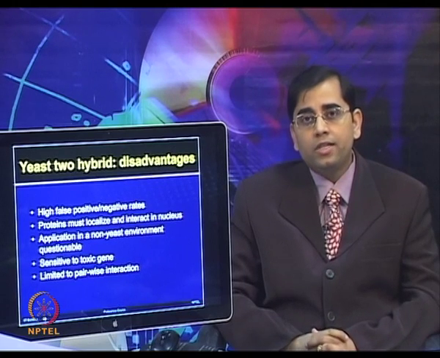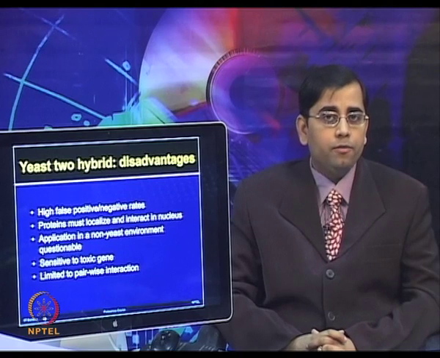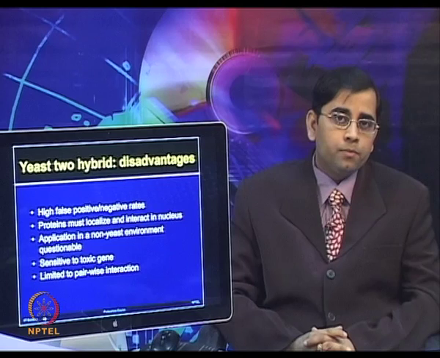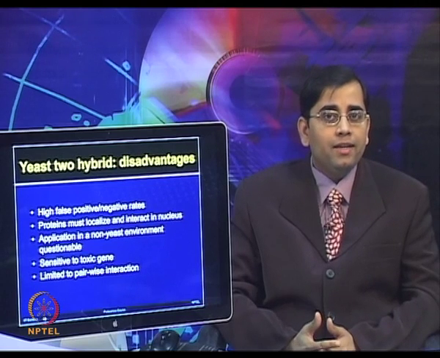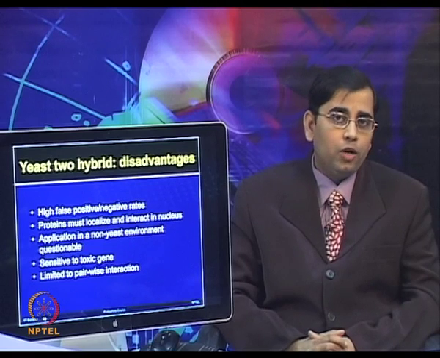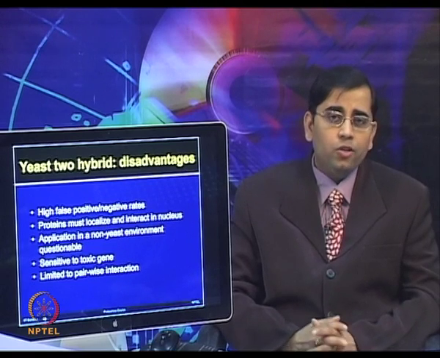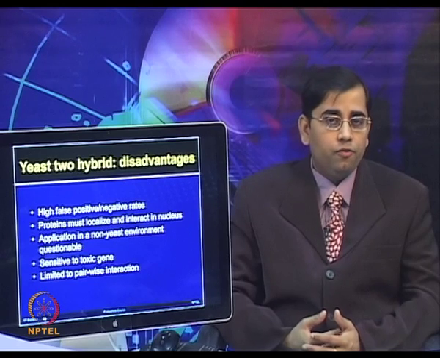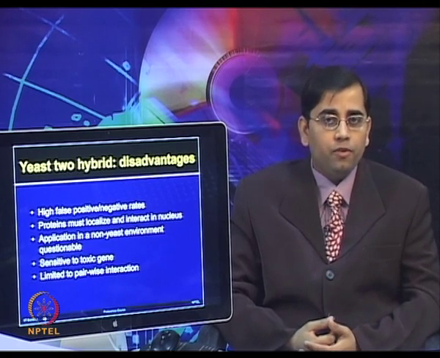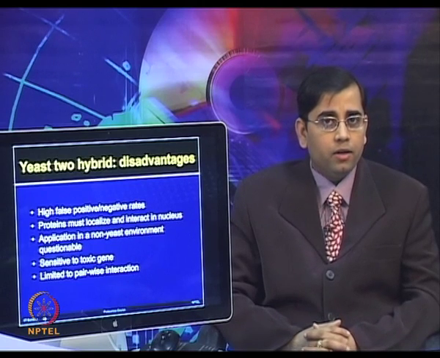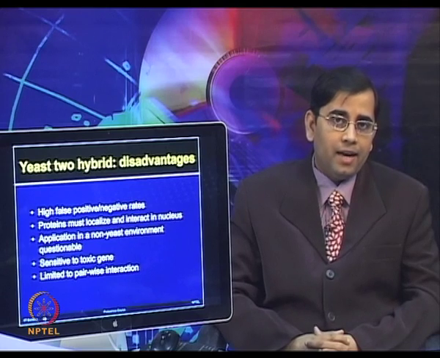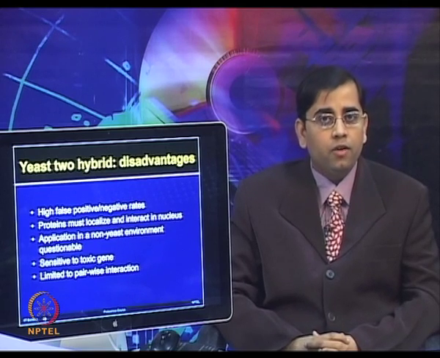But also if you want to just generate a list of potential interactors which may or may not be true, then those could be quickly screened by using different libraries with the yeast two-hybrid method. Once you have established a list of various potential interactors, then you can use different types of validation approaches for really establishing how many of those proteins are interacting well and how many of those are false positives.